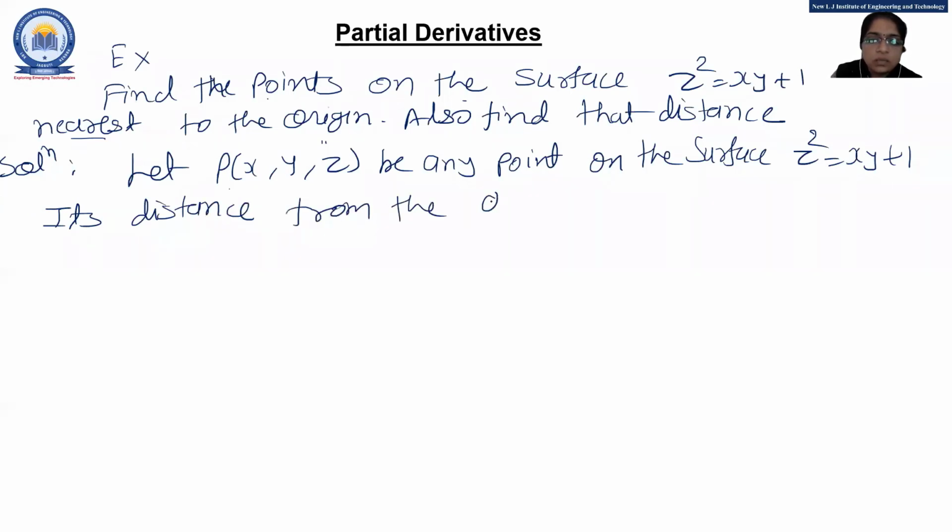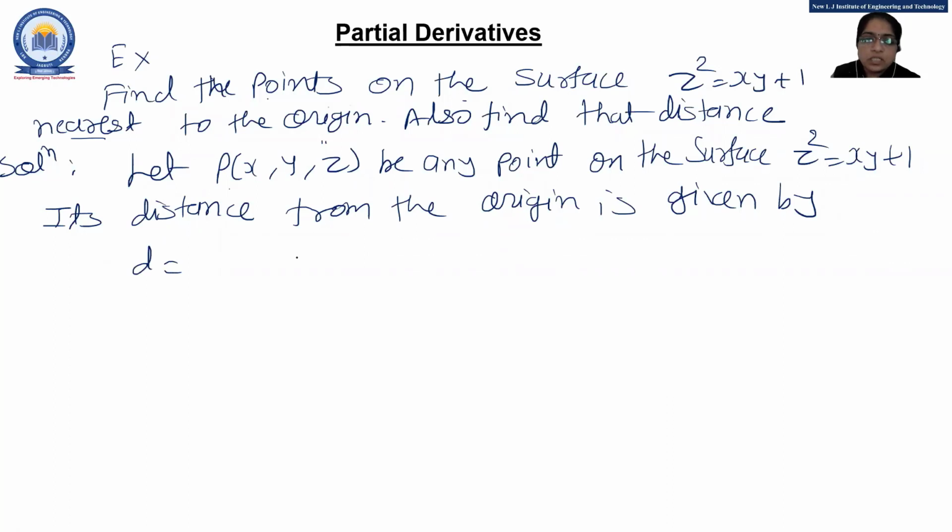Its distance from the origin is given by, applying the distance formula between two points, as one point is P(x, y, z) and the other point is the origin, that is (0, 0, 0).